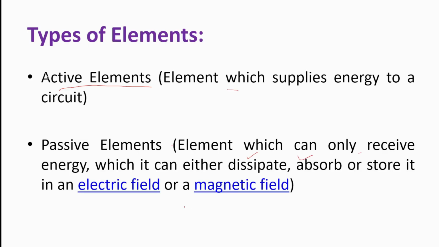It can be done in terms of a particular circuit if I connect different elements. So this absorption and storage, or dissipation, can be in the form of either an electric field or a magnetic field, and dissipation in the form of heat. So these are the different elements that can be connected in a circuit.